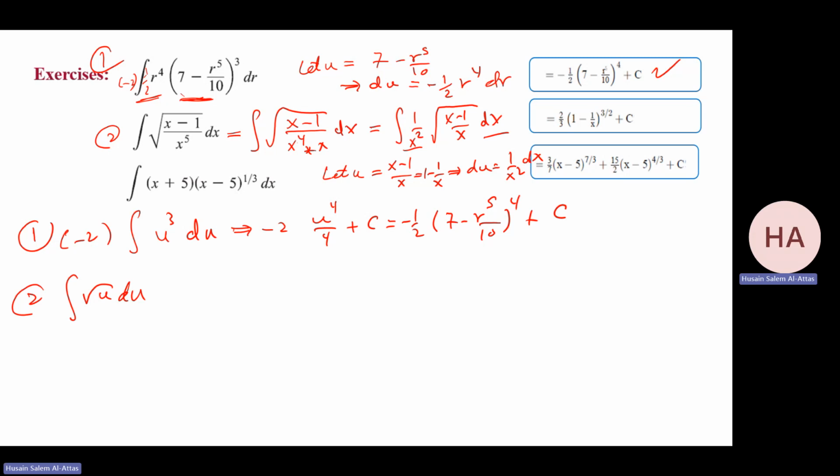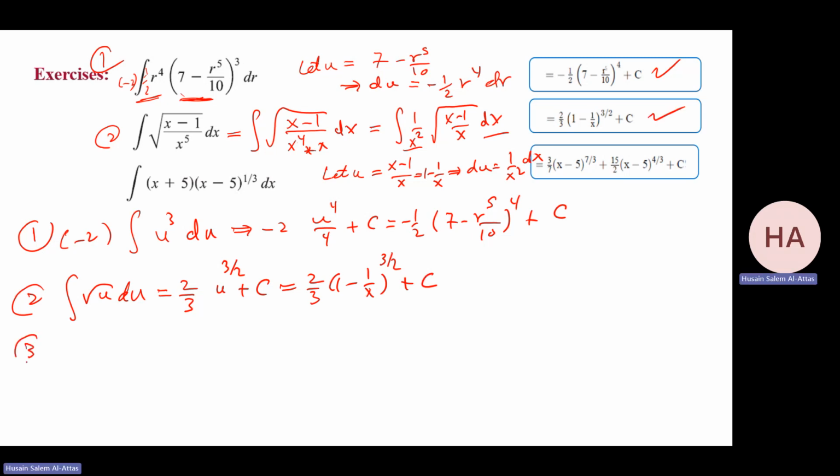That gives me 2 over 3 u to the power 3 over 2 plus c, which is 2 over 3 times 1 minus 1 over x to the power 3 over 2 plus c, which is this one.